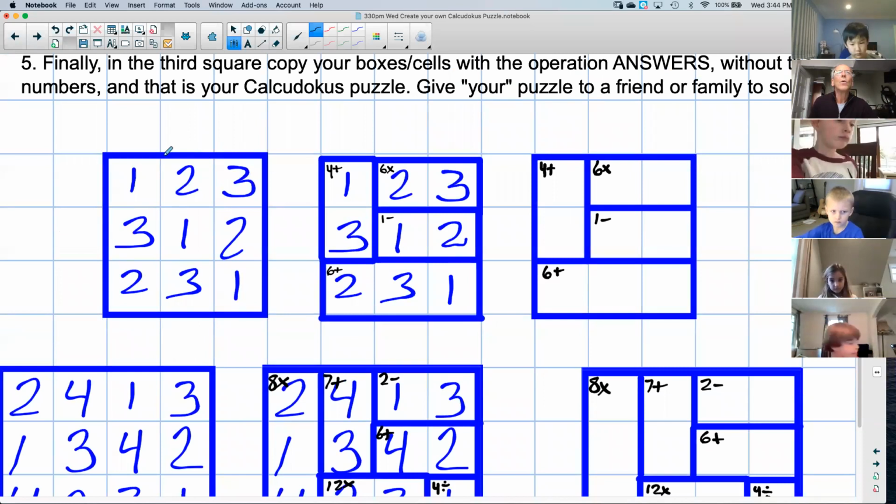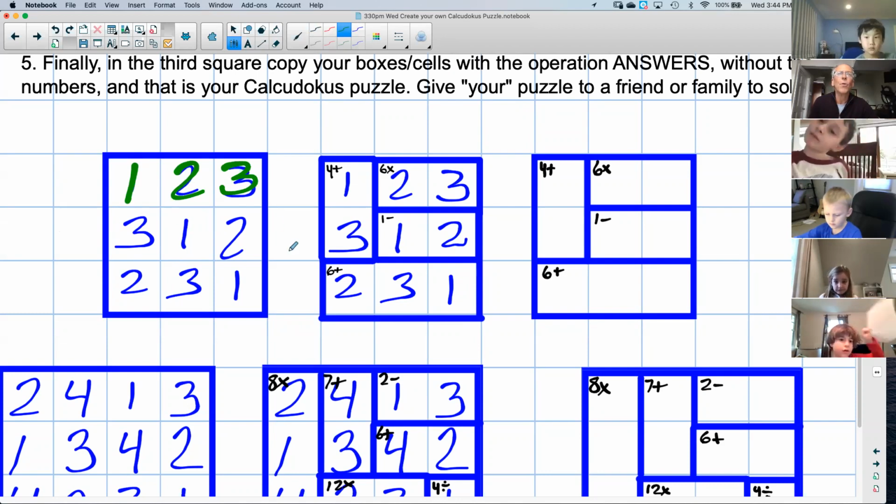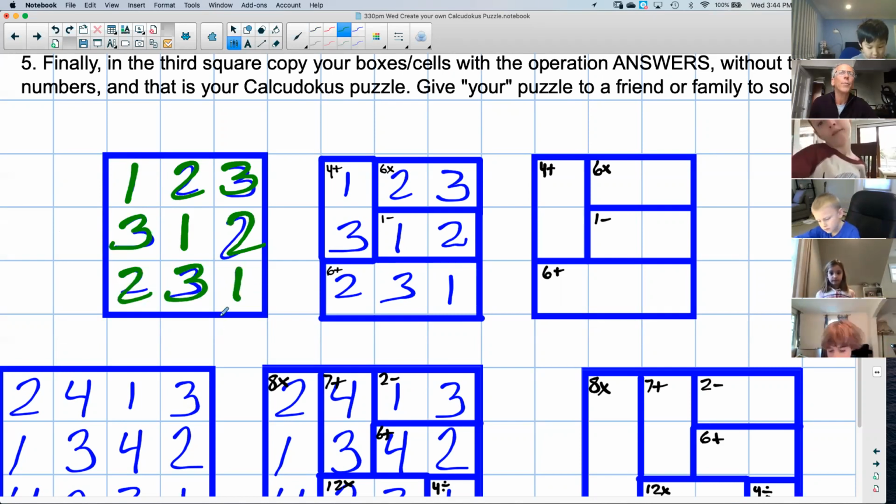And then we write down the numbers 1, 2, 3 in each row, but make sure that when you do it, you don't violate the rule. And then 2, 3, and 1. So did we do this perfectly?